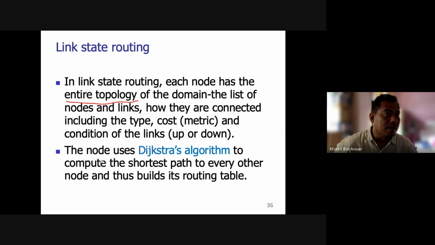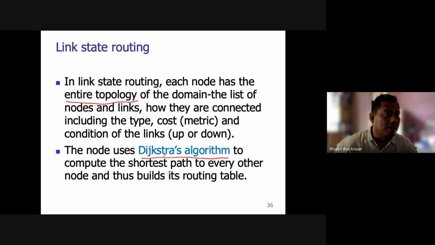And this node uses what we call the Dijkstra algorithm. What I've also been informed is that the Dijkstra algorithm is also used in the way you calculate the best route to the end destination in mapping applications like Waze.